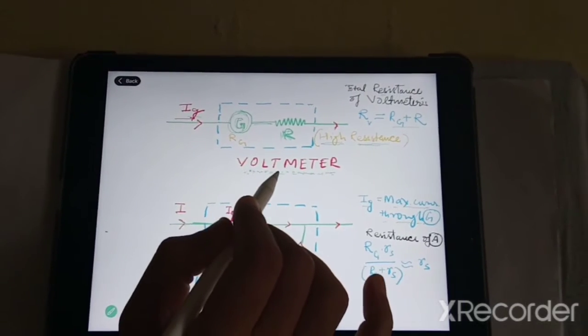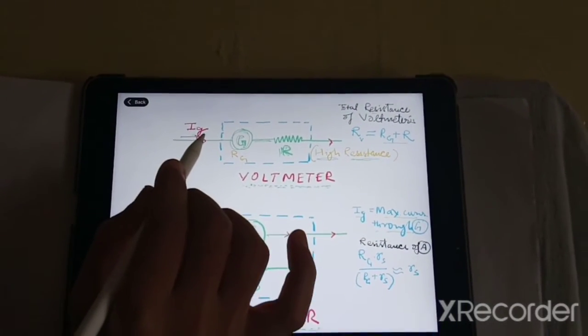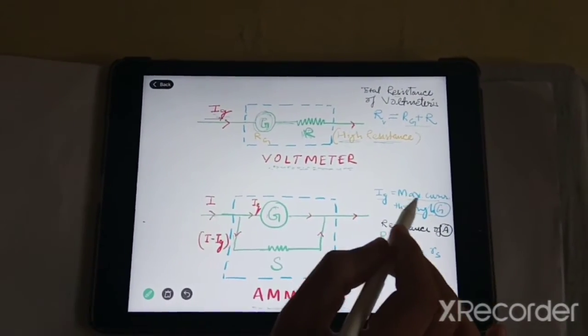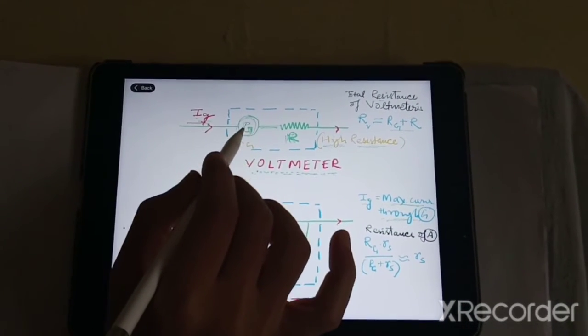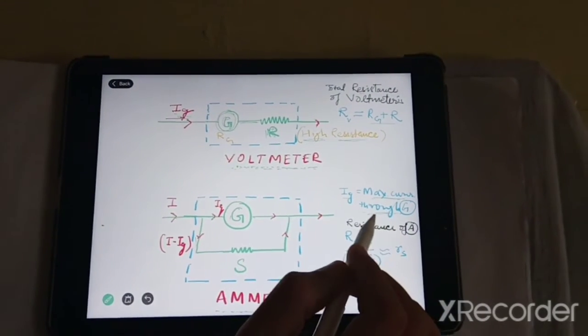That makes a voltmeter. Ig is the maximum amount of the current that passes through the galvanometer. So the galvanometer gives the full scale deflection for this maximum current.